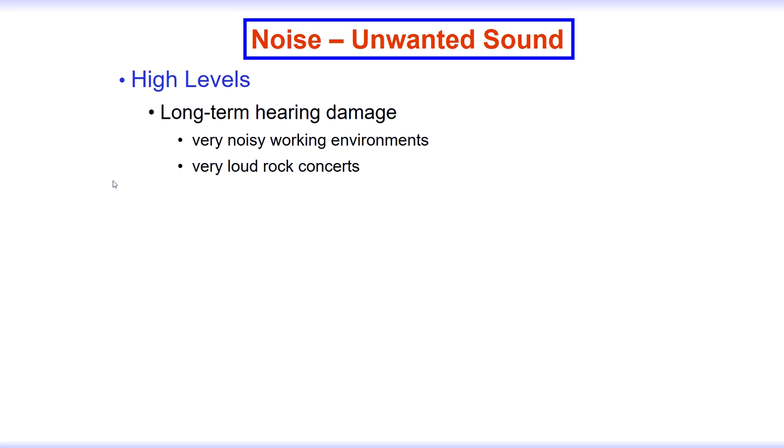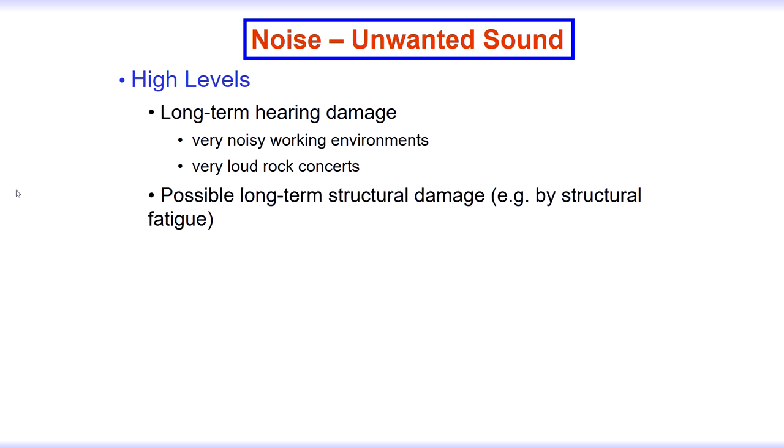So most musicians will wear some form of hearing protection when they're performing or practicing. There's also the possibility that you could get long-term structural damage due to high noise levels. For example, that could be in the form of structural fatigue caused by movement of parts of the structure due to the pressure fluctuations caused by the noise.